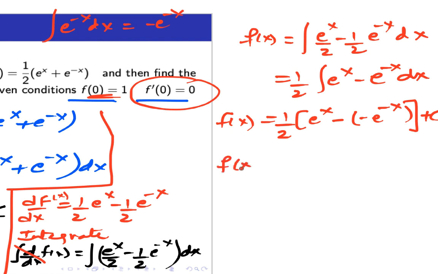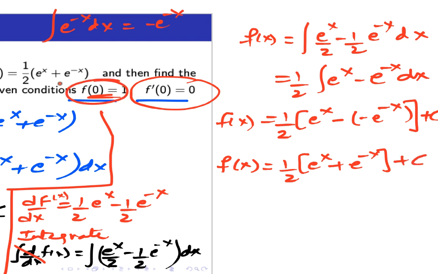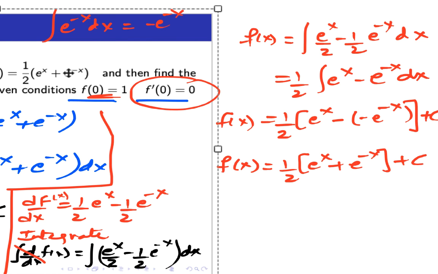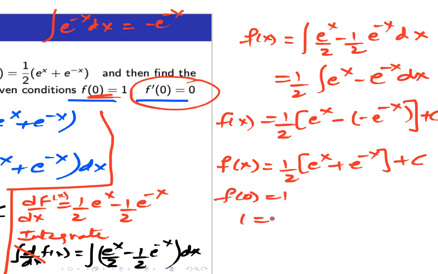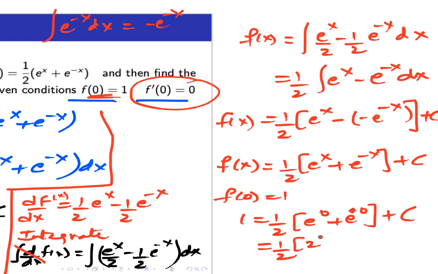So f of x is now half of e to the power x plus e to the power minus x, plus c. Now we're going to apply this condition that f of 0 equals 1. So 1 equals half of e to the power 0 plus e to the power minus 0, which is basically still 1. So which is basically half of 1 plus 1, which is 2.